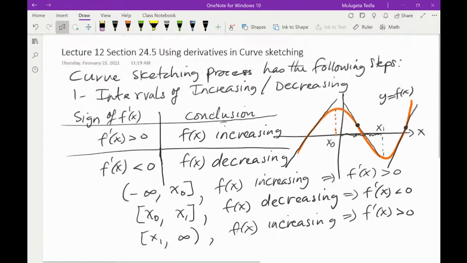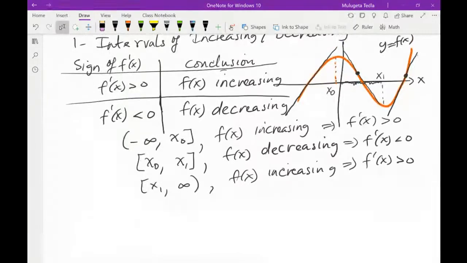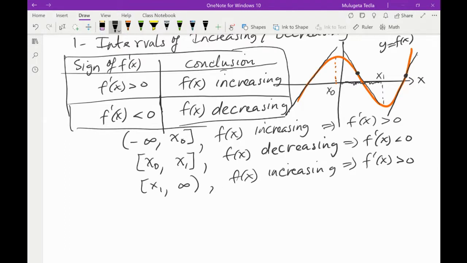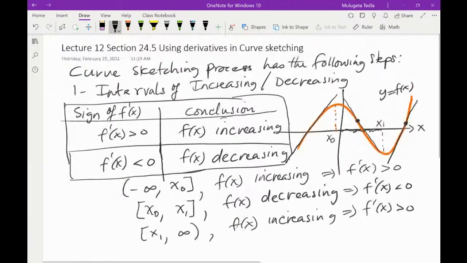So one step is to know in which interval the graph is increasing, in which interval it is decreasing, and this is measured by this criterion. I gave you a table here: the condition and the conclusion. If the sign of the derivative is positive, then the function is increasing in that interval. If the sign of the derivative is negative, then f of x is decreasing.